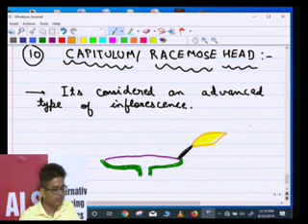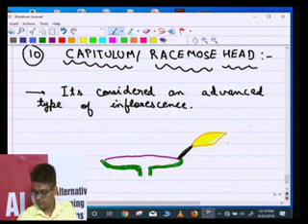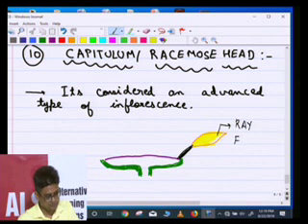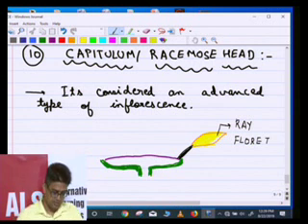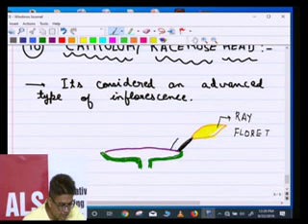This is a ray floret. I hope it is visible now. Okay, this is a ray floret. Ray floret. Okay, and then each unit inside here represents a flower.